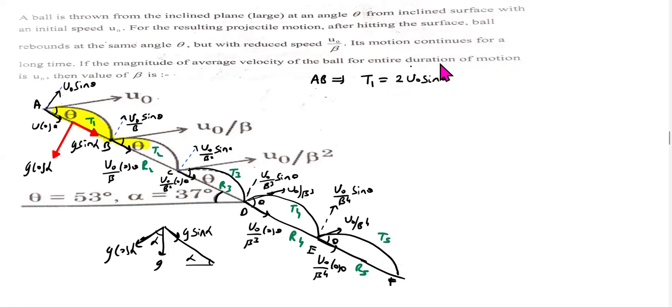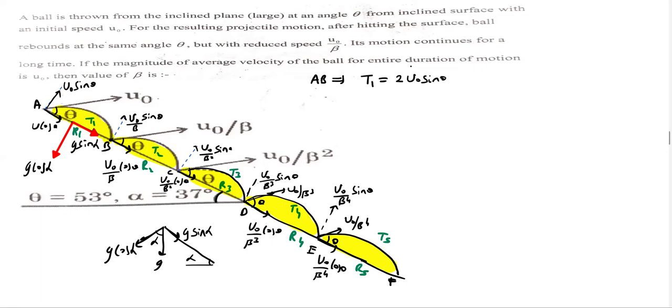At least this is the parabolic path. This length will be R1. I'll show it here. Right.